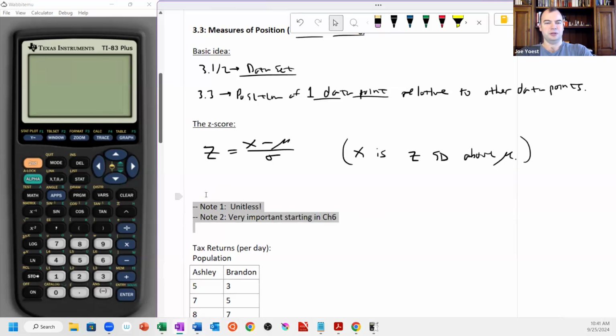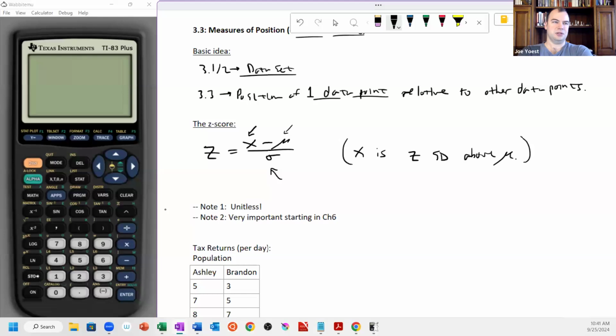A couple important notes. This is a unitless quantity. Of course, my data value or potential data value is in units of the original data, as is my mean. So this numerator is in units of original data. And we took some care in section 2 to develop a measure of the standard deviation that also was in units of the original data.